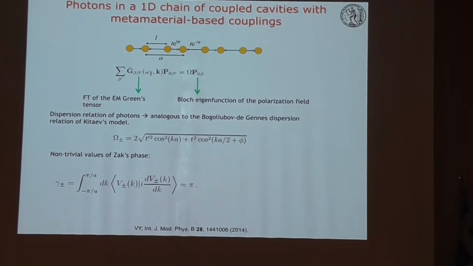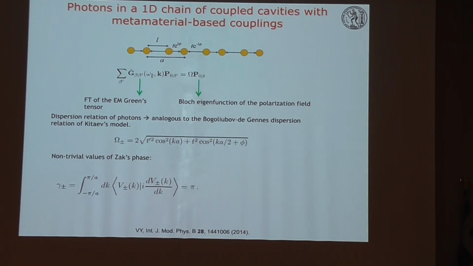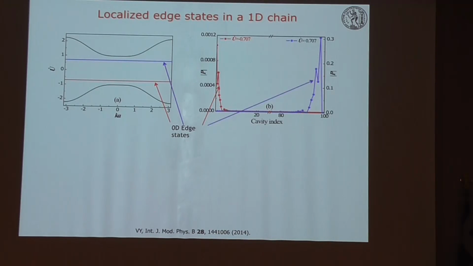One can actually prove that they are indeed topological bands by calculating Zak's phase for one dimension. And it turns out that within the gap of this lattice, for finite sizes of this lattice, one can have zero modes. They are localized zero-dimensional modes, localized at the edges.